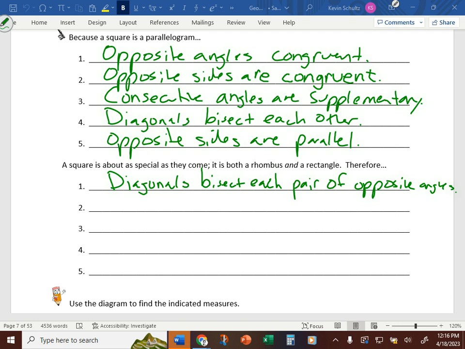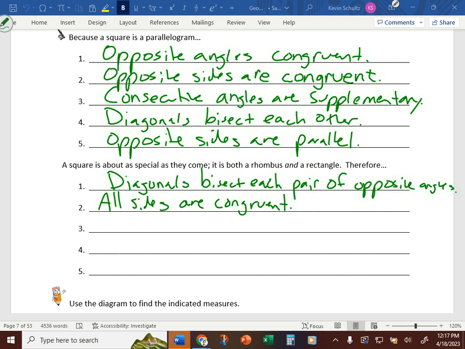Rhombus. Okay, the diagonals bisecting each pair of opposite angles, true for a rhombus and a square. What else? Hallie. All sides are congruent. And which shape? Rhombus. Okay. Good job.